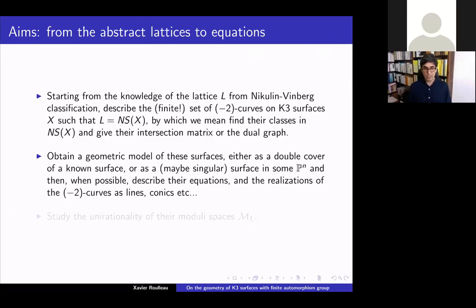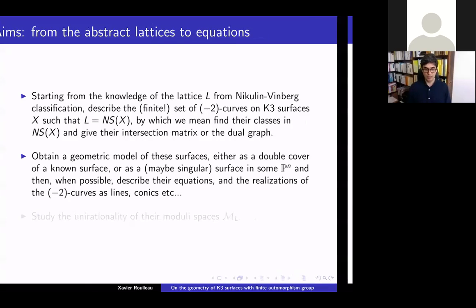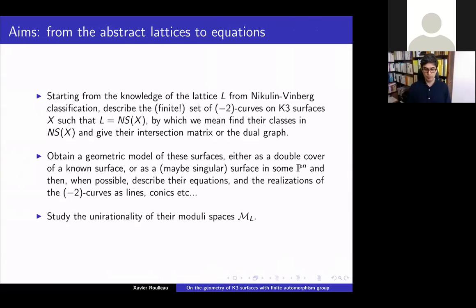So I want to obtain a geometric model of these surfaces as a double cover of some known surfaces or surfaces in a projective space, and describe the equations and the realization of the -2 curves as lines, conics, or higher degree curves in a projective space. And then I want to study the unirationality of the various moduli spaces of these surfaces.